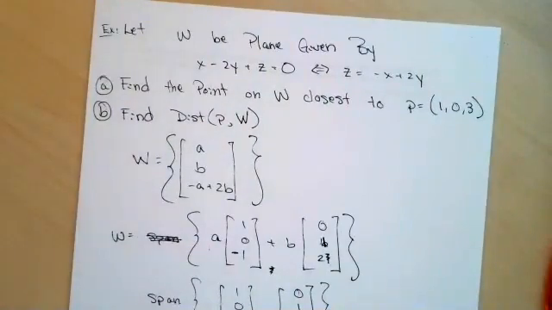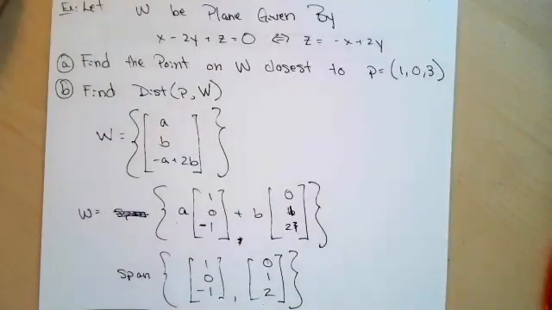So we've got a plane, and we want to use this application of our Gram-Schmidt process and the general theory behind it, of how we're really just subtracting off parallel components in order to find a perpendicular vector.